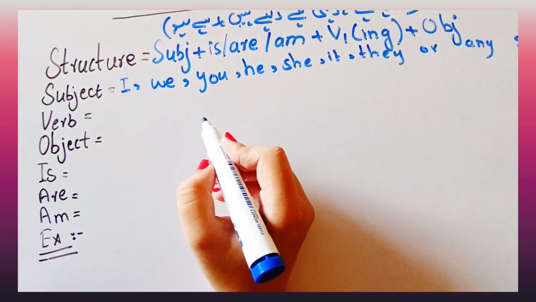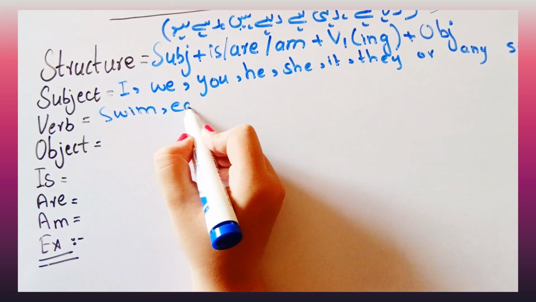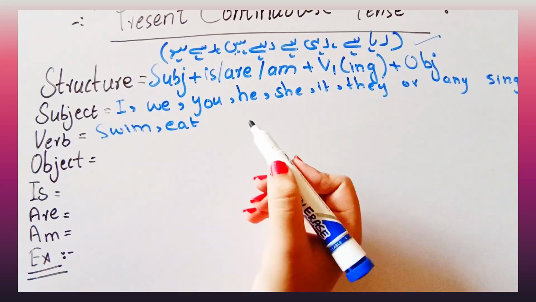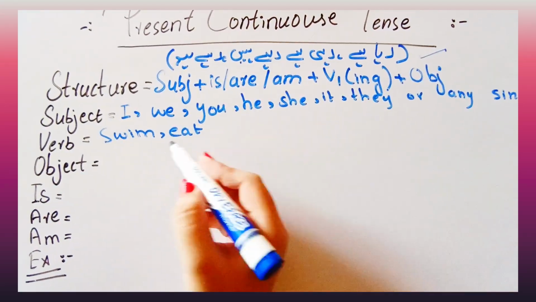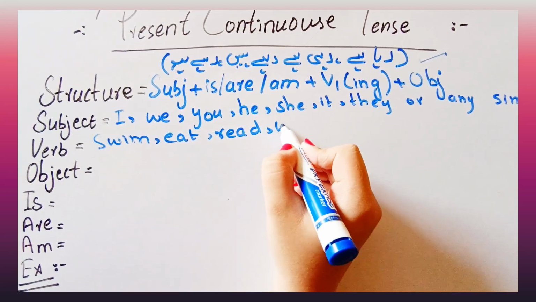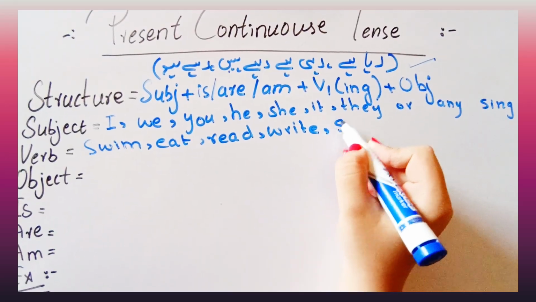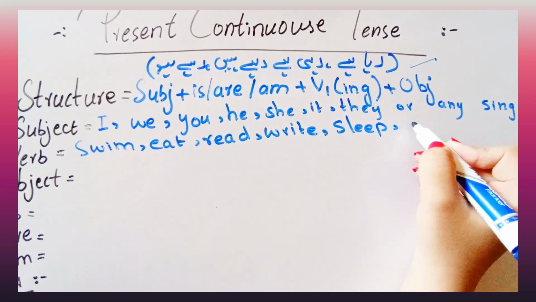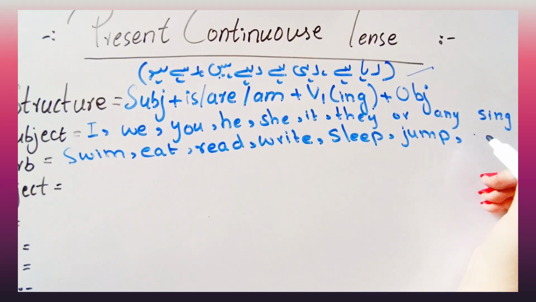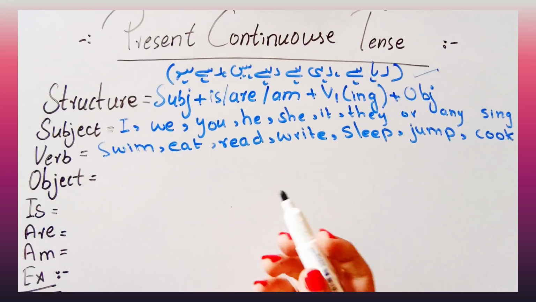As we all know what a verb is, it can be swim, eat, because here we are talking about the present, first form of the verb. That's why I'm writing only the first form of the word: swim, eat, read, write, sleep, jump, and cook, like this.